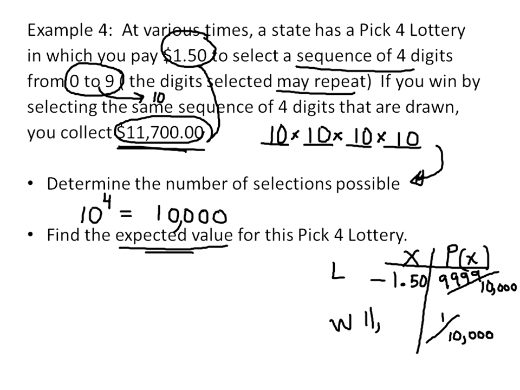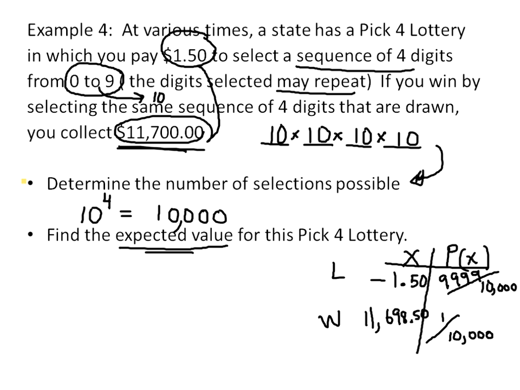When we subtract that, we get $11,698.50. So we have the scenario, you lose, you win, and you have to account for both of them. Now we're going to find out what the expected value is.